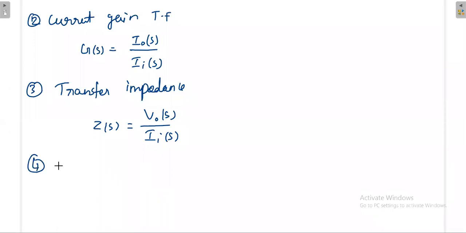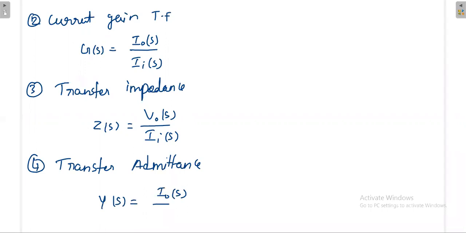Then the fourth quantity is transfer admittance. Here the transfer admittance, y of s, is equal to the output current, where we observe current at the output, divided by the input voltage.